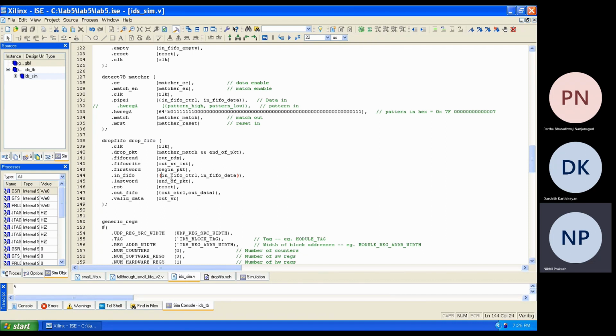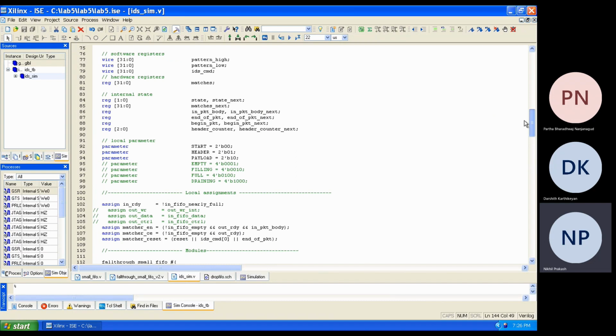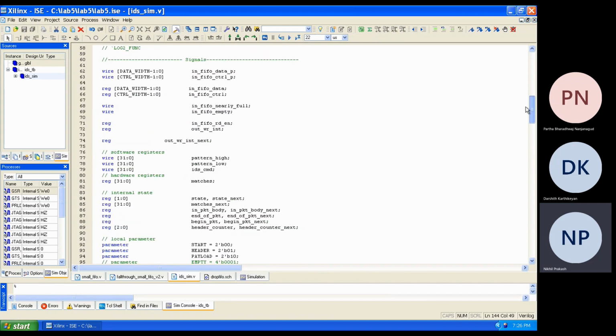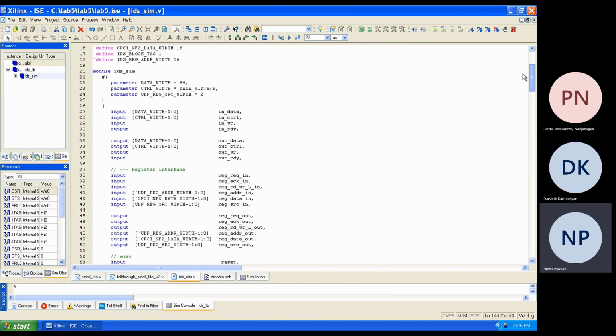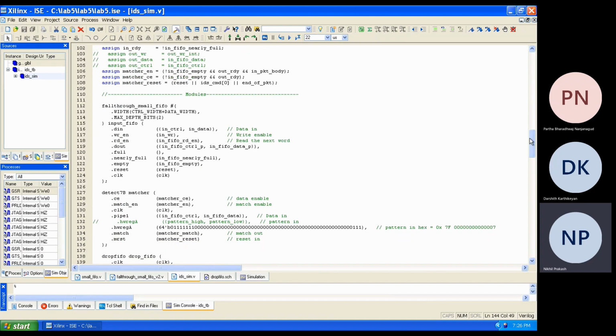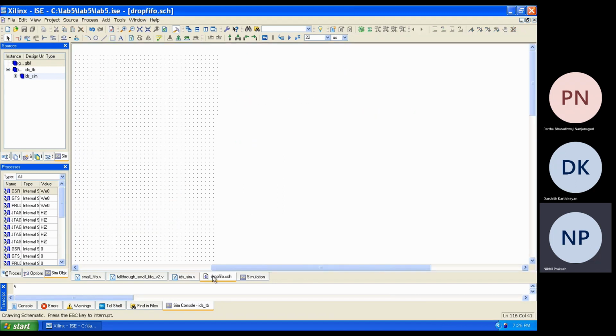This is the last byte, which contains all the control signals, and this is the actual data we are interested in. That's coming from the small 54 and fall through 54 here. That's also given to those. See, in control and in data. So that's the actual data we are interested in.